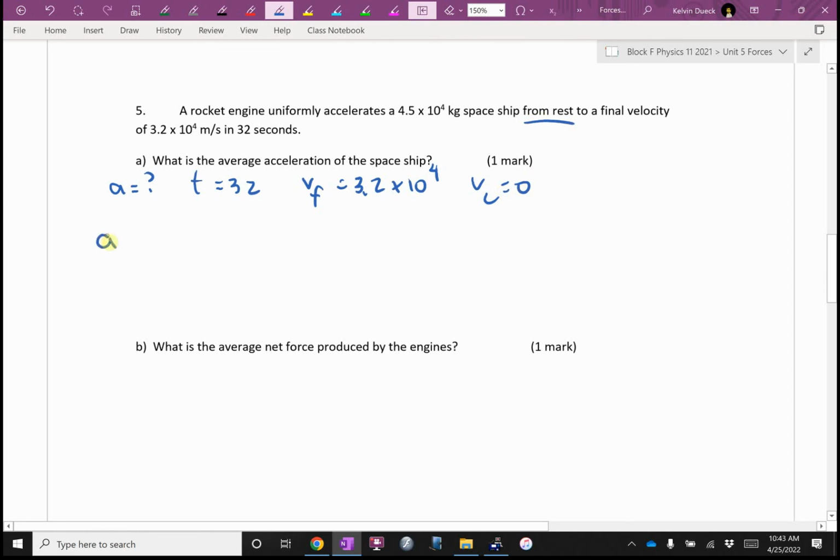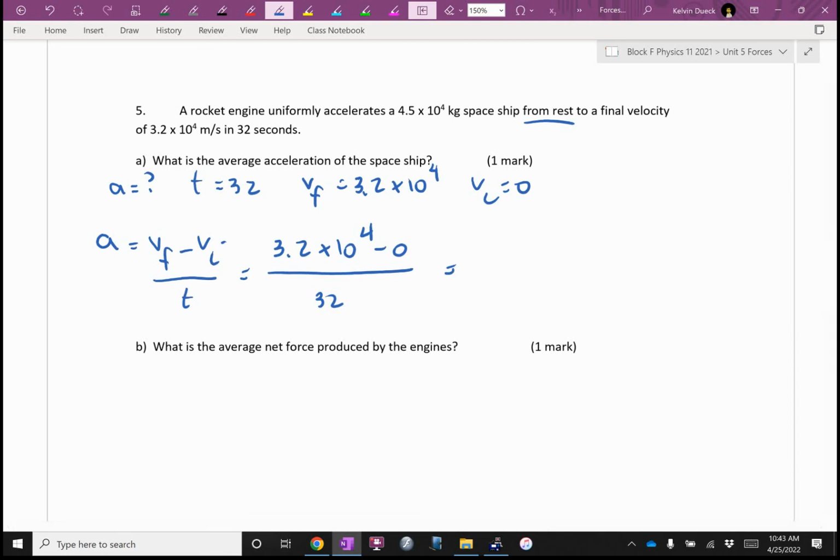I said, I'm going to use A equals VF minus VI over T. It's going to be 3.2 times 10 to the 4th minus 0 all over 32. I can do this in my head. I can move that over by 1, which would move that over. Is it 1,000? Meters per second squared.